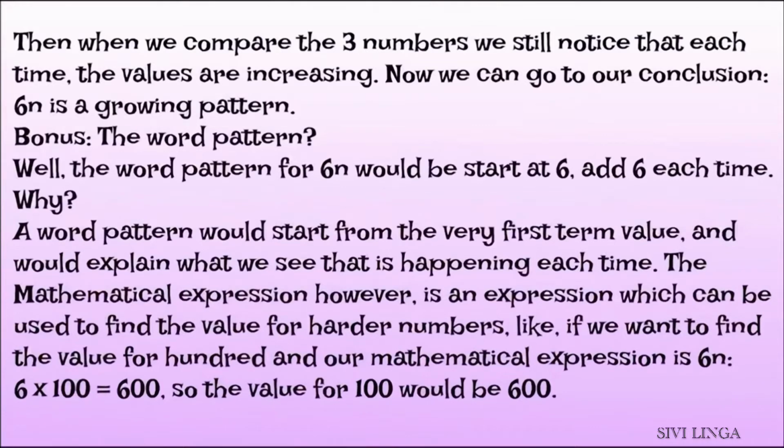Like, if we want to find the value for 100 and our mathematical expression is 6n, then we would simply multiply 6 times 100 and get 600. So the value for 100 would be 600. In the mathematical expression, we just plug in the n with a term number.